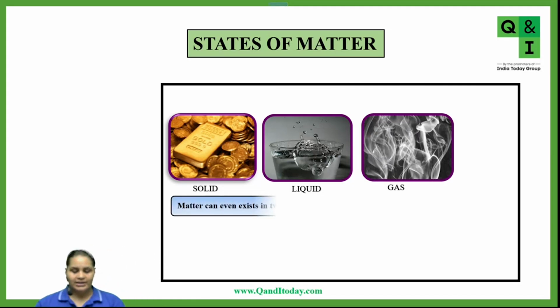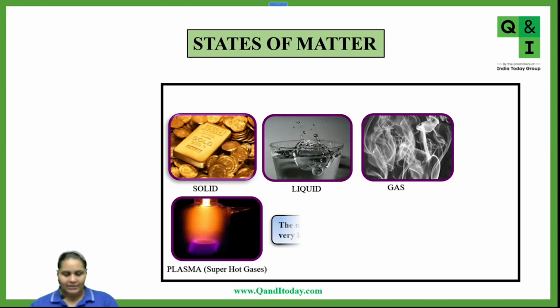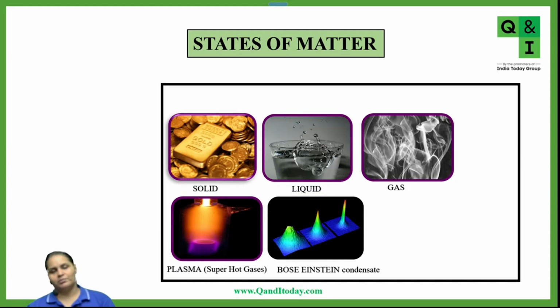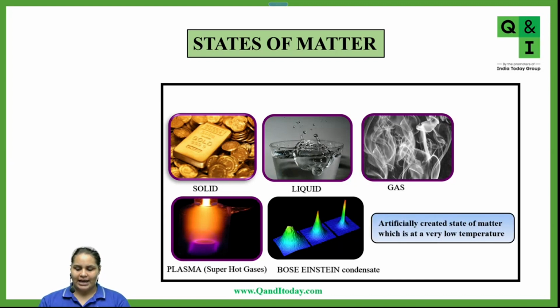One is plasma and the other is Bose-Einstein condensate. A little bit of knowledge should be there about these two states also, the fourth state of matter, plasma, and the fifth state of matter, Bose-Einstein condensate. So today we will just focus on the three states of matter: solid, liquid, and gas.